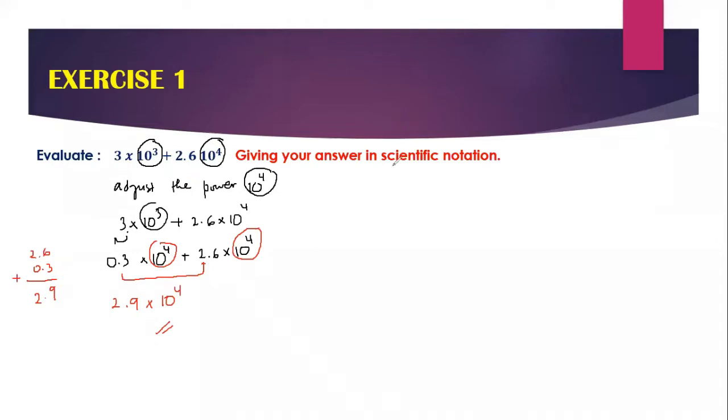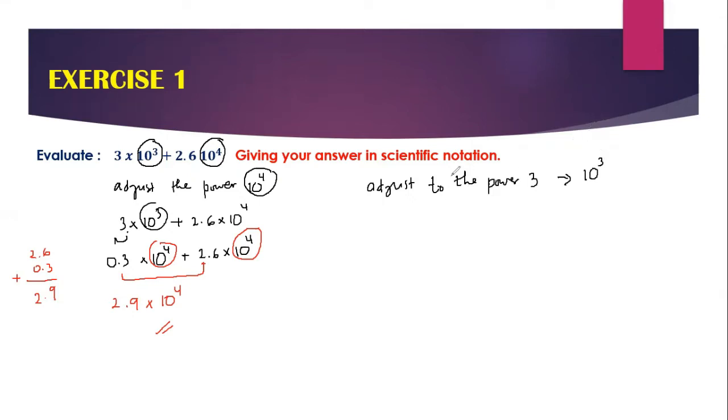But the second way, we can adjust to the power of 3. This is the second way. Adjust to the power 3, means 10 to the power of 3, right?